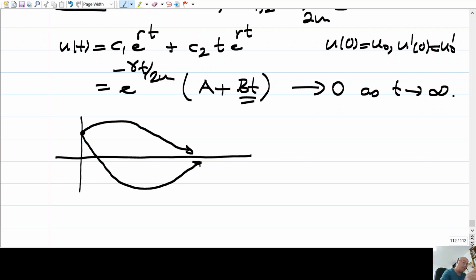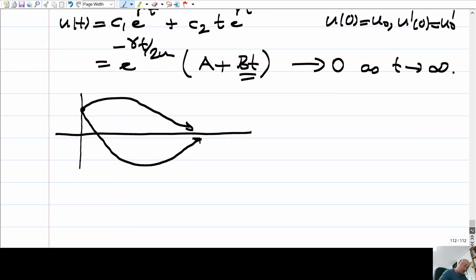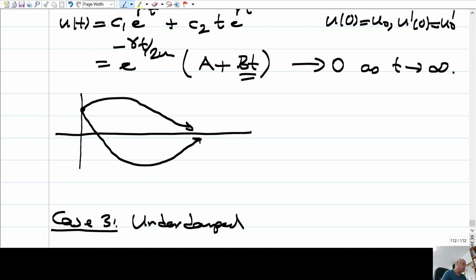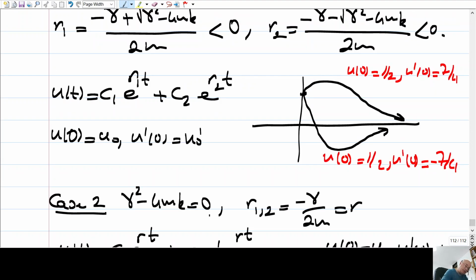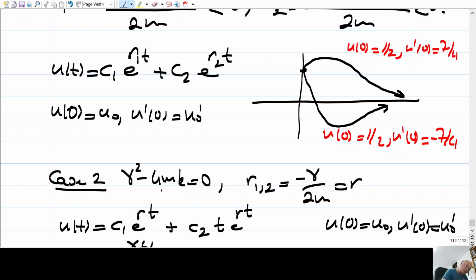Okay, let me stop here. In the second hour, I'll consider the third case, case 3, underdamped vibration. This one is called critically damped.